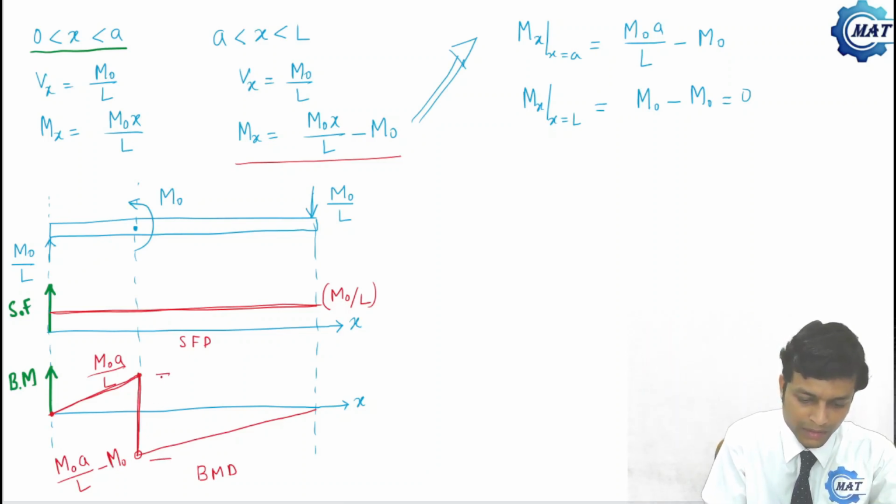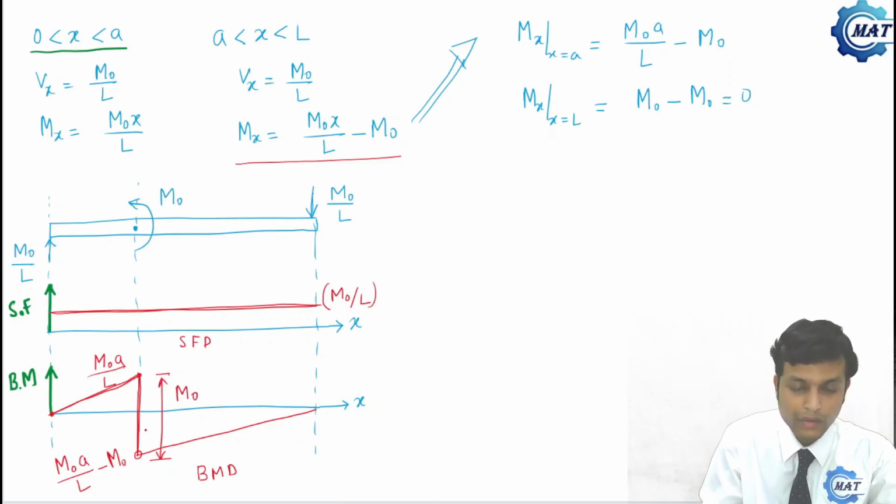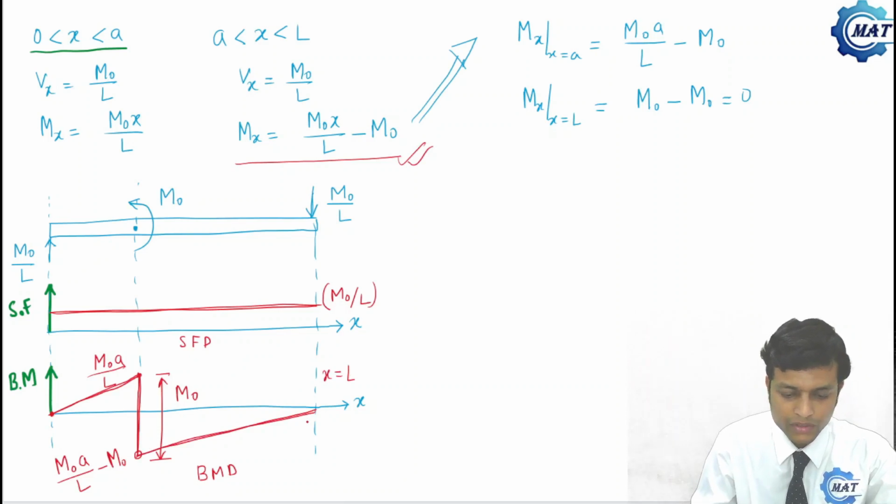This amount is nothing but M0, because M0 a by L drops to M0 a by L minus M0. There is a sudden drop, that is a discontinuity in the bending moment diagram. Then bending moment is again linear by this equation and it becomes 0 at x equal to L. So this is the bending moment diagram of the beam.